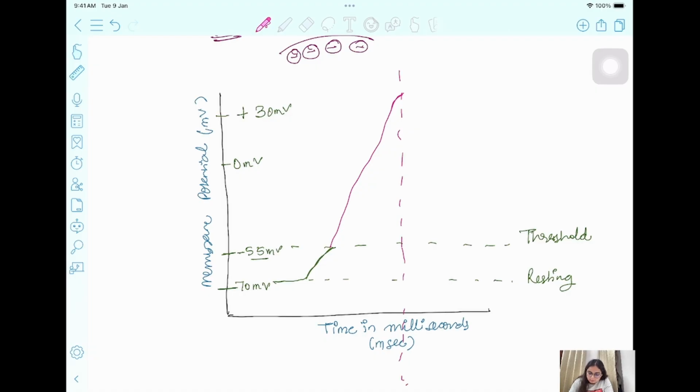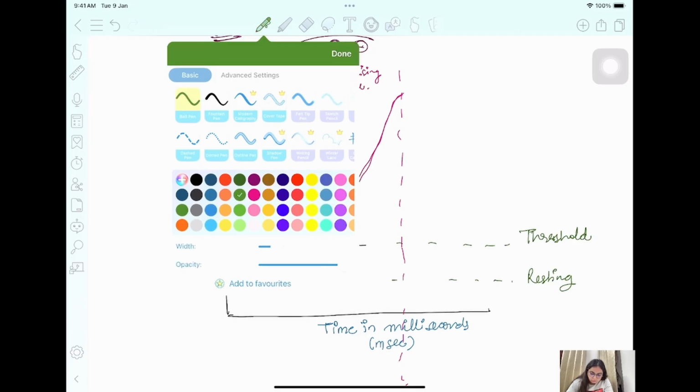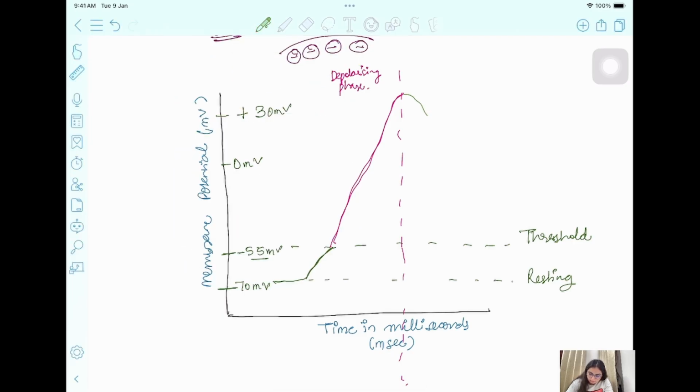Now, when it reaches plus 30, this is the depolarizing phase. From minus 70, the membrane potential has now become plus 30 millivolts. Once it reaches plus 30, it has to come back to minus 70. This is the repolarization phase.